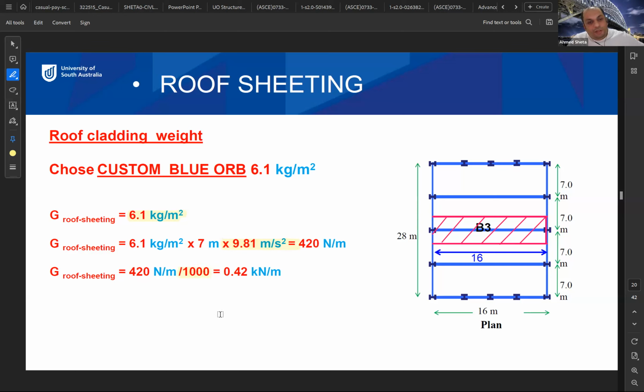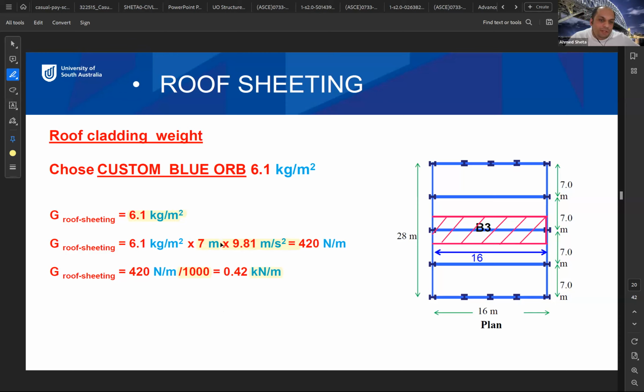Okay. The next step is to convert from kilonewton per square meter to kilonewton per meter. So you need to multiply by the load width, which is 7 meter. So to calculate the load from roof sheeting, you multiply 6.1 times 9.81 over 1,000 to convert to kilonewton per square meter, and then times the load width.